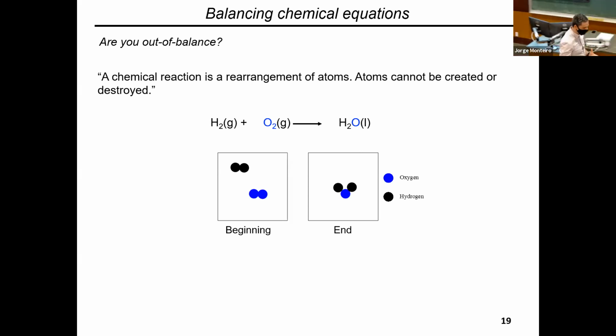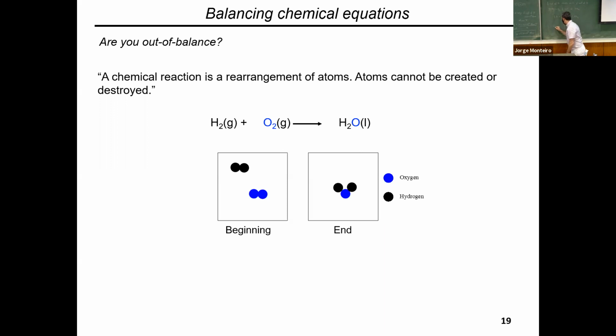So this reaction is unbalanced because the number of atoms for the element oxygen before is different after the reaction. Okay. So we started here with 2, and at the end, there is just 1. So what we are going to do to balance the reaction is to introduce stoichiometric coefficients to ensure the same number of atoms before and after.